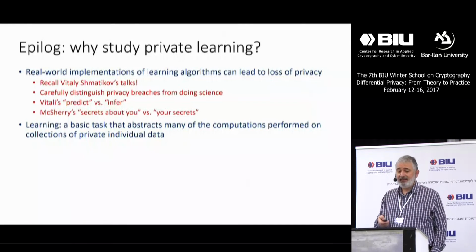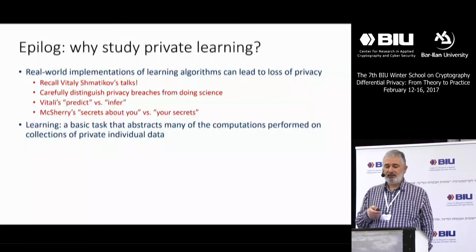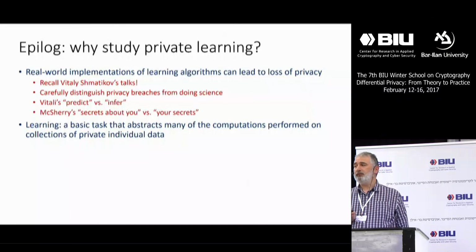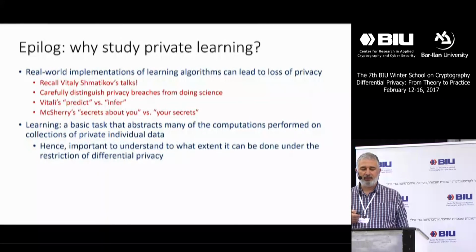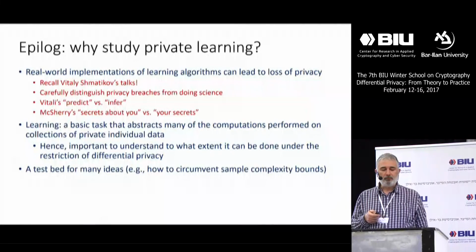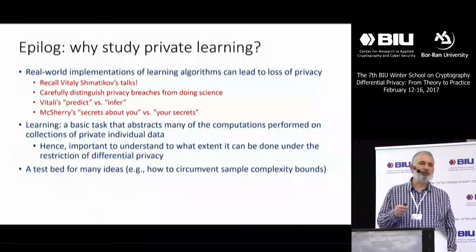Furthermore, learning is a basic task that abstracts many of the computations we would like to perform on sensitive individual data, so it's important to study that. It's a test bed for many ideas. I only had a chance to mention a few of them.